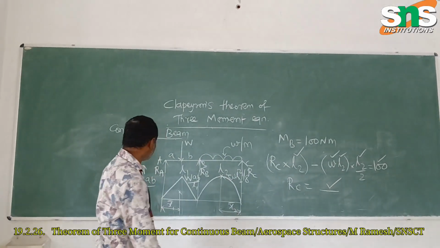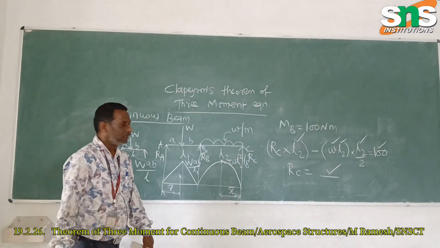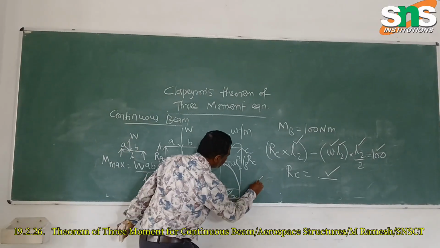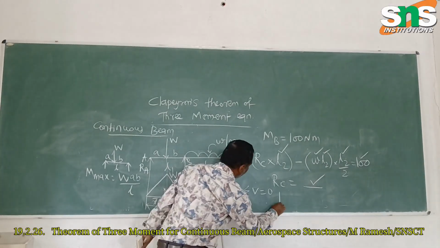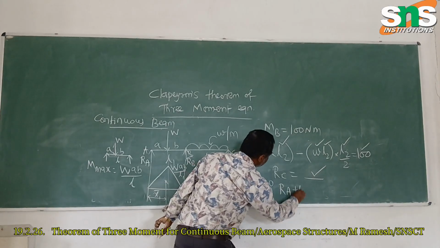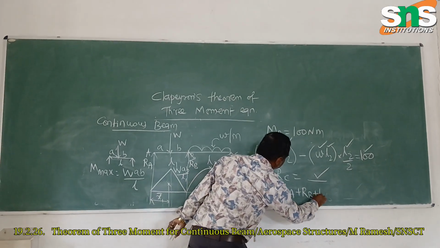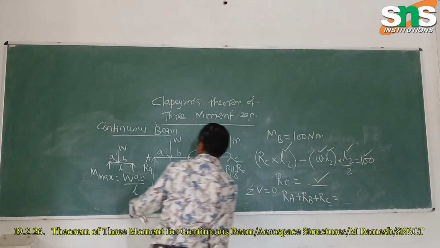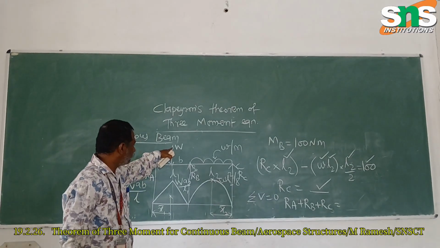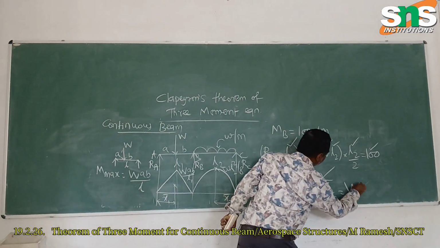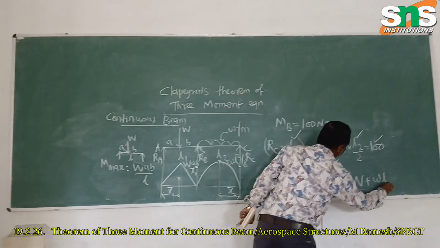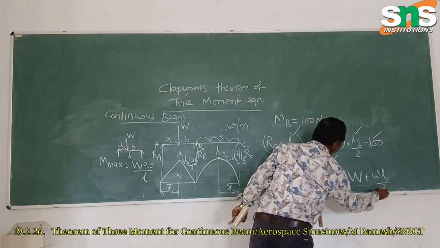Then one more thing is RB. How to find RB? By the static equation, sigma Fy equal to 0. So RA plus RB plus RC is equal to the total load. The total load is W plus W into L2.